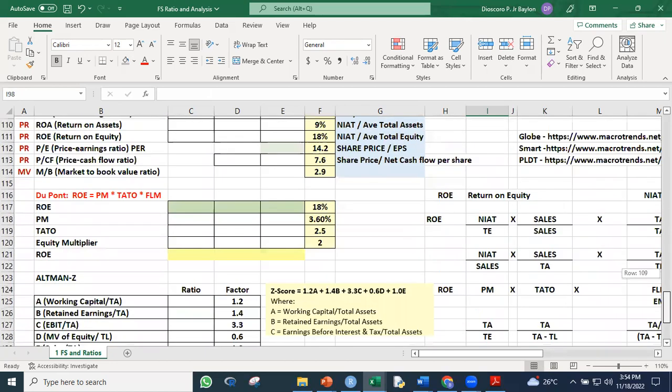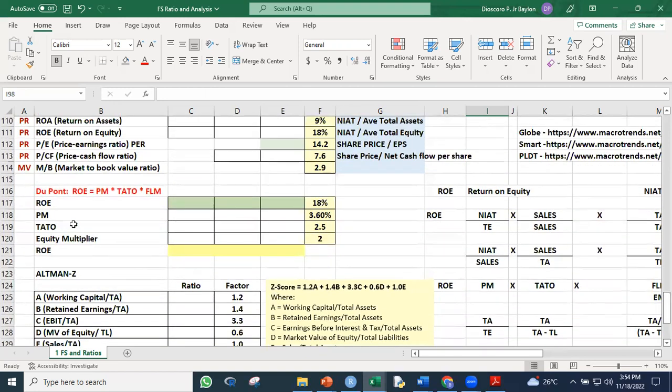Okay, towards the end, meron ditong tinatawag na DuPont computation. DuPont is a company, so they originated this concept of breaking down the return on equity into these 3 elements: profit margin, TATO, and financial leverage multiplier. Because before, to assess the company's performance, tinitingnan talaga yung ROE, no?